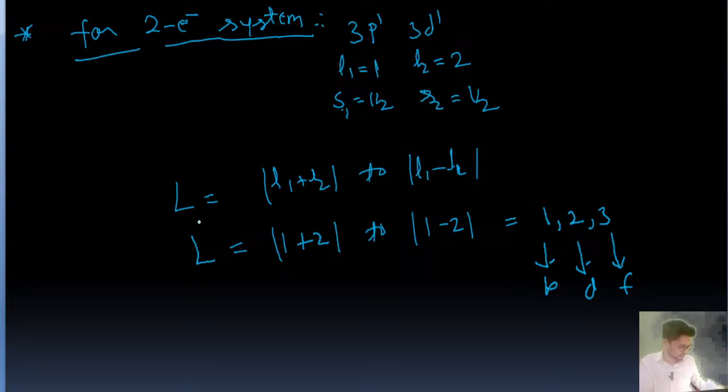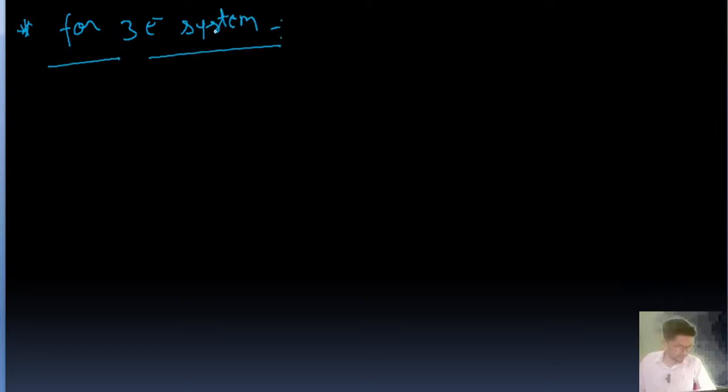Next is for a 3 electron system. So for example 3p1, 3d1, 4d1.